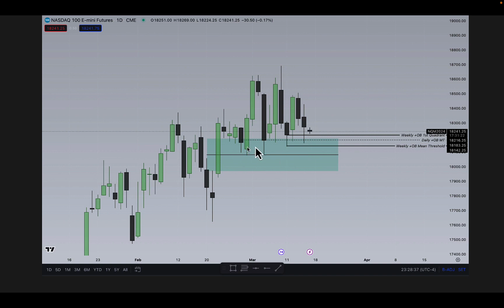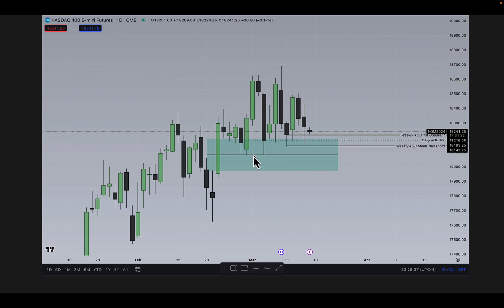But main thing is I want to see mean threshold still act as strong support here, like accumulation. And I want to see the consequent encroachment of this wick hold up. Okay. If either of these two are broken, then I'm looking for sell side here.